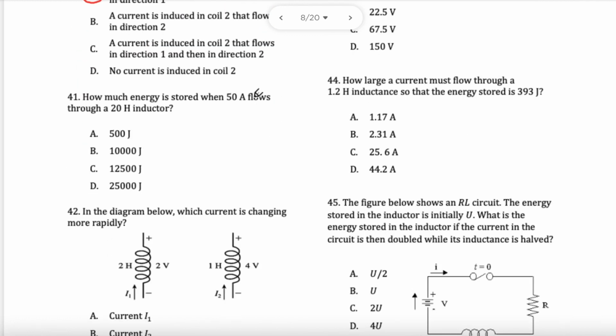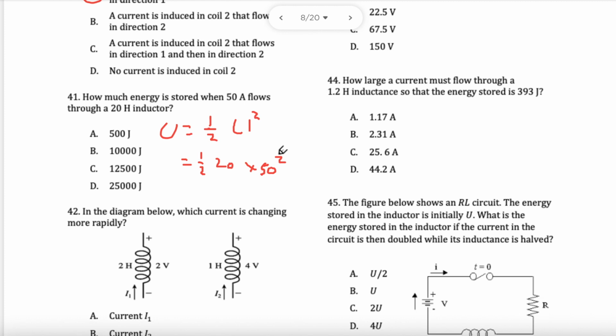That's it. How much energy is stored when 50 amps flows through a 20 henry inductor? Nice and easy. U equals a half L I squared. U equals a half times 20 times 50 squared. Solving that, what will you get?